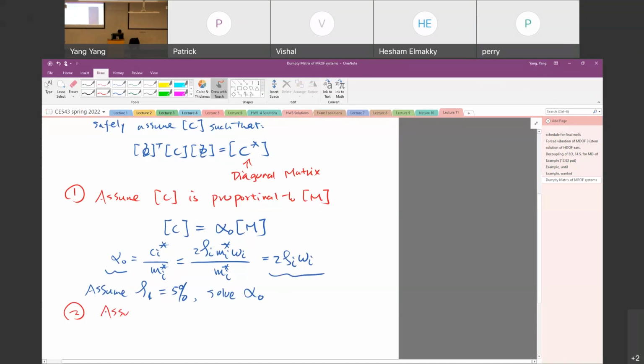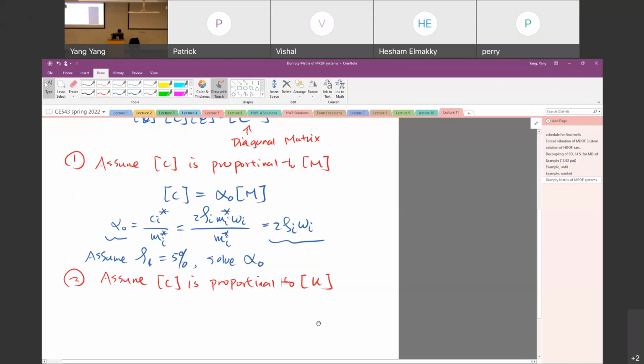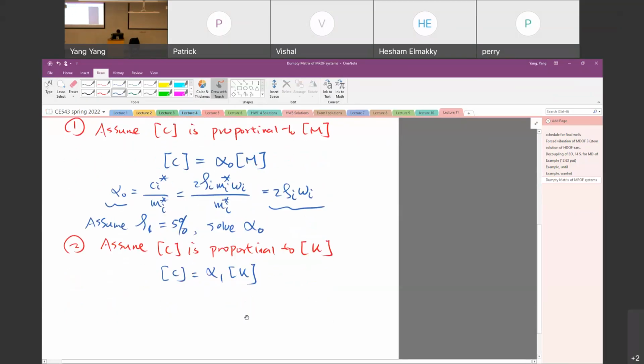Also, we can assume C is proportional to K, such that we can have alpha 1 equal to something.